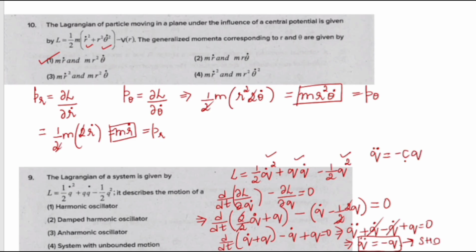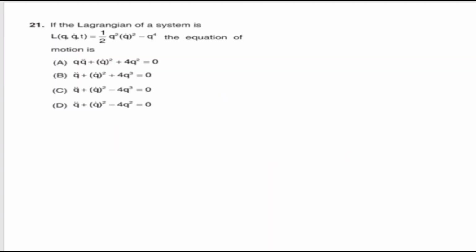Here my C is 1. The constant should be greater than 0. This q double dot equals minus C q represents a harmonic oscillator. So option A is right. I have given the theory for this question in the previous video. You can see my previous video.